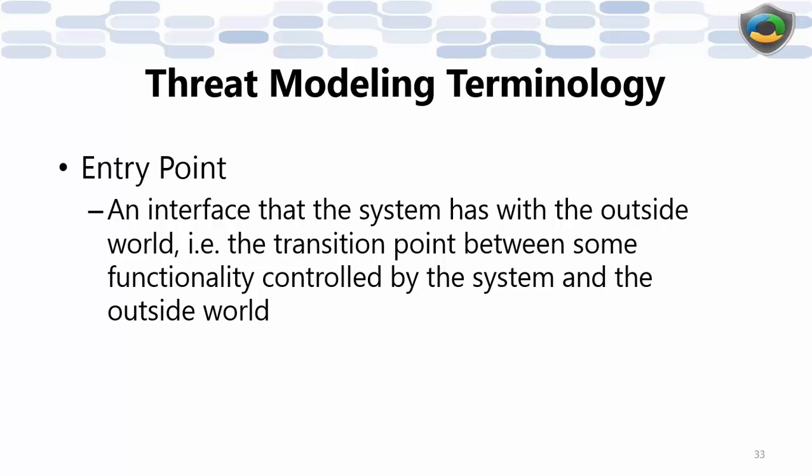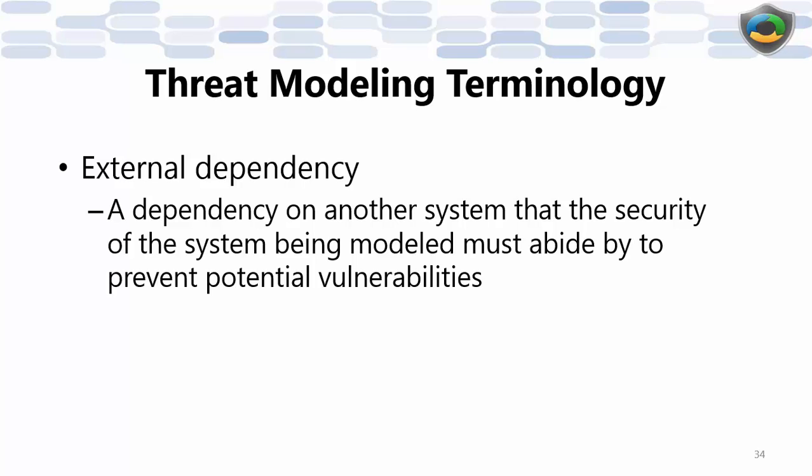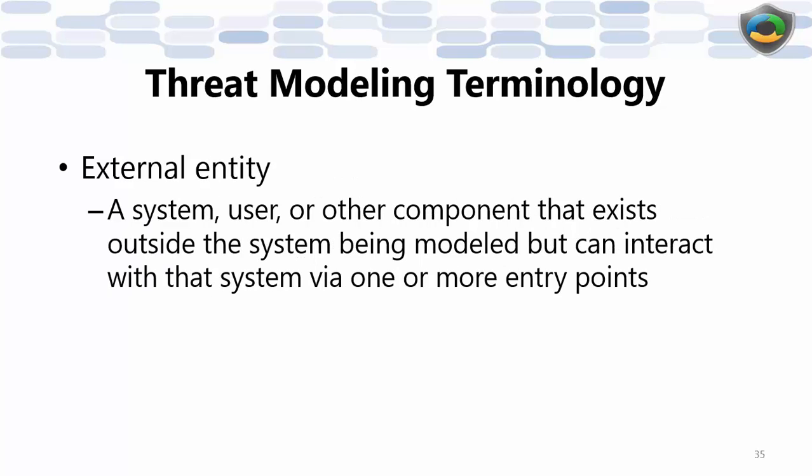Entry point, an interface that the system has with the outside world. External dependency, a dependency on another system. External entity, a system, user, etc. that exists outside of the system being modeled, but interacts via entry points.